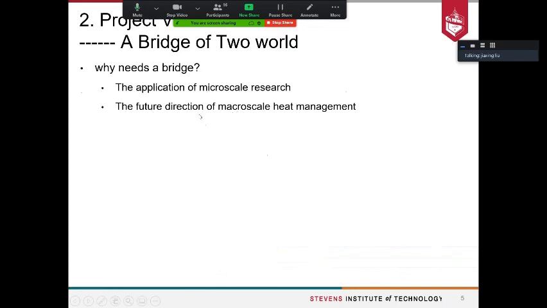We all know that with the advance of 3G, 5G communication devices, the power will become higher and higher. So when we design heat management heat sinks or other devices, we need to think about the macro scale principle.